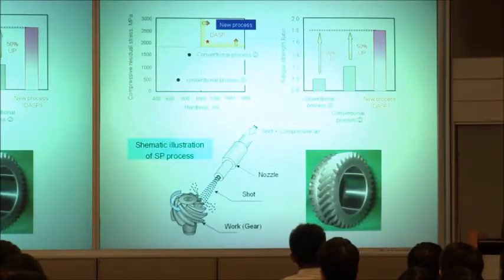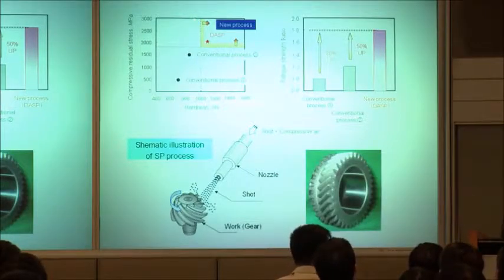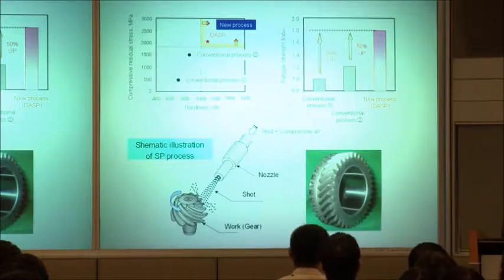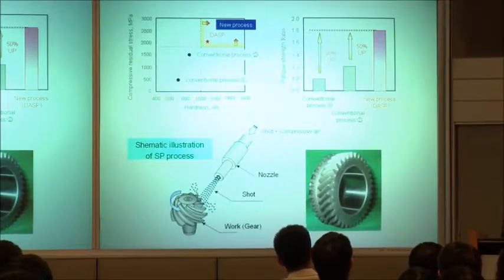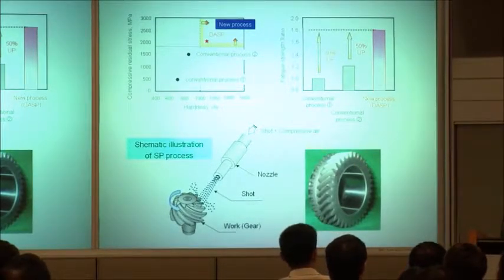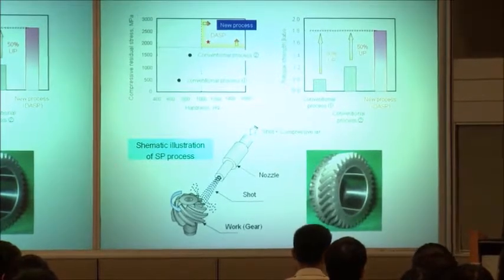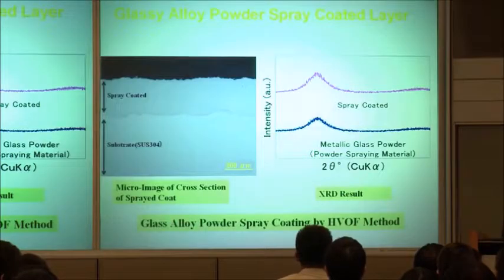Therefore, these AMOBs have been applied to generate a high compressive residual stress of over 2,000 megapascals and to increase the fatigue strength by 80%. And we can reduce the material's weight by 45%, for instance, in high class automobile alloy steel gears.